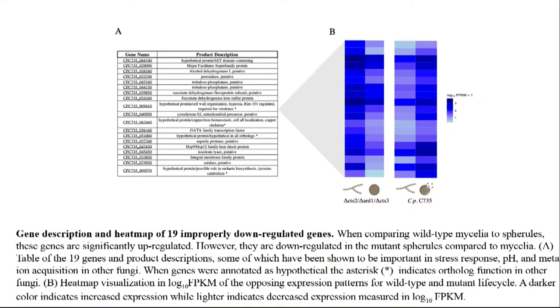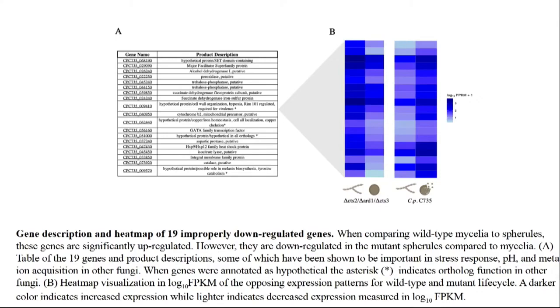And what you can see for those 19 genes is that in the mutant, these are basically improperly regulated. They're highly upregulated in the mycelial phase when they shouldn't be, and downregulated in the spherular phase when they should be upregulated. So these are an interesting group of genes.